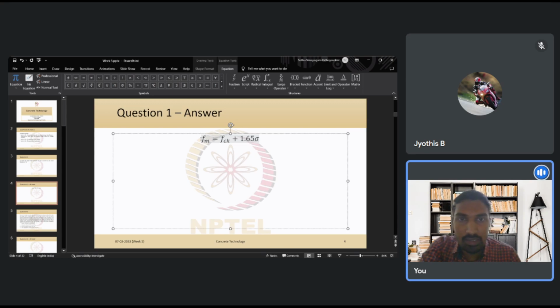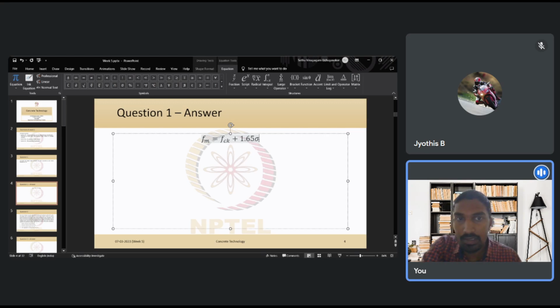So in this equation, on the left hand side we have the mean strength, which is represented by Fm. That is given by FCK, which is the characteristic strength of concrete, plus 1.65 times the standard deviation of the strength variation, right? We said that there will be variation in the strength when we cast different specimens, right?